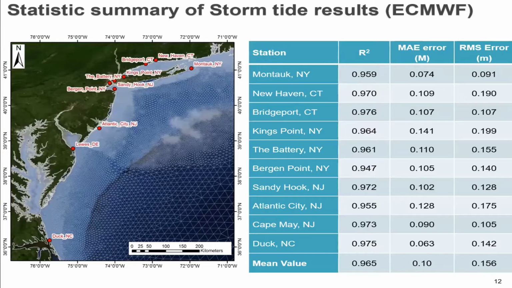The statistics are shown in this table. The mean average of this R square is 0.965. Mean absolute error is about 10 centimeters, and relative error is about 15 centimeters.